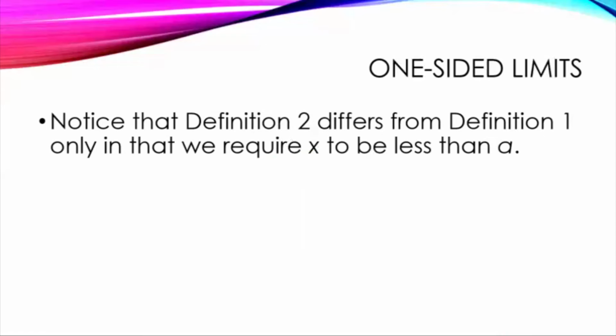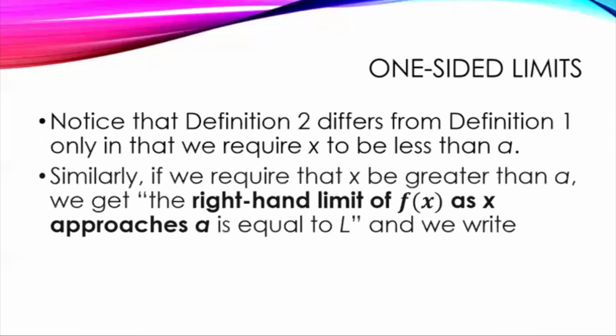So next, if we have a left-hand side limit, we also have a right-hand limit. Similarly, if we require that x be greater than a, we get the right-hand limit of f of x as x approaches a is equal to L. And we write it as the limit of f of x as x approaches a from the right.